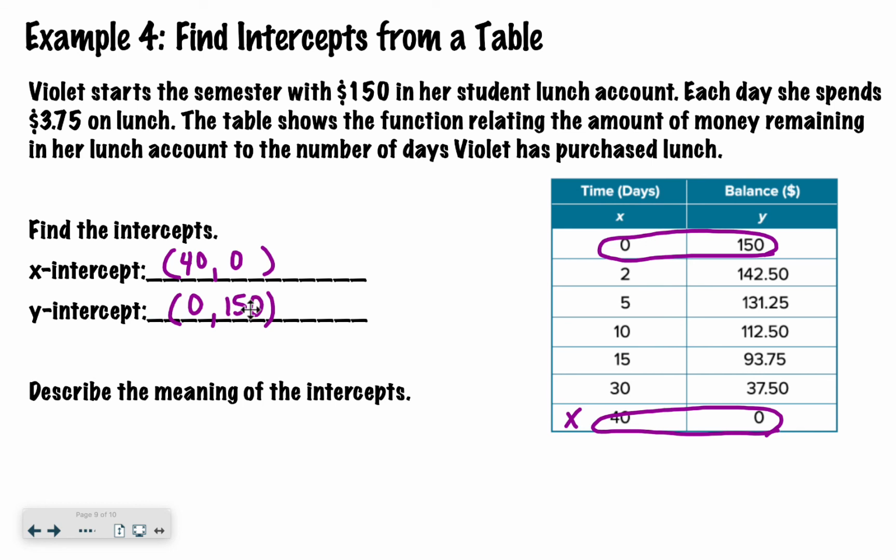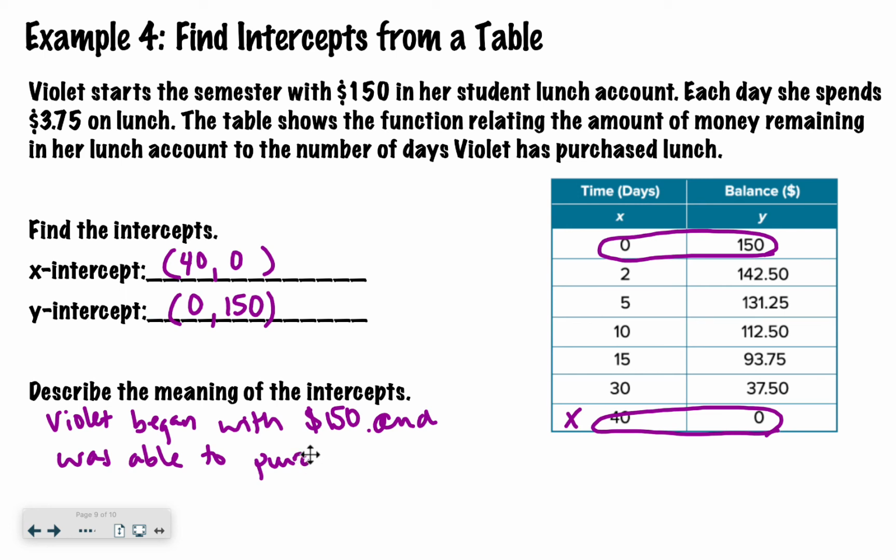Okay? So then we want to determine, like, what does this mean? What do those intercepts mean? Well, if we think about it in the context of the problem, Violet began with $150, right? That's what this says. After 0 days, she has $150. So she started with $150 and was able to purchase 40 meals with that money.